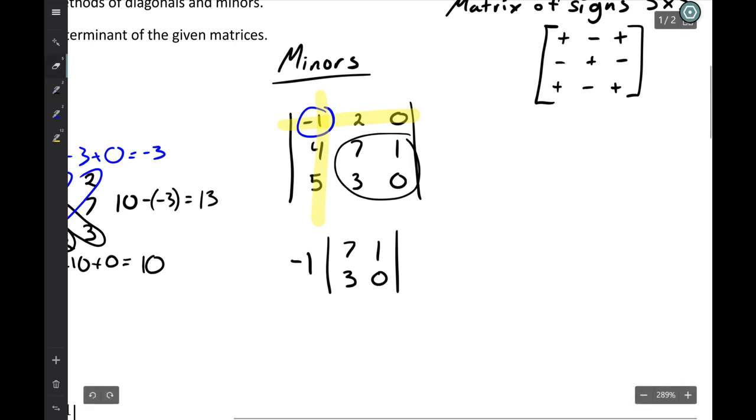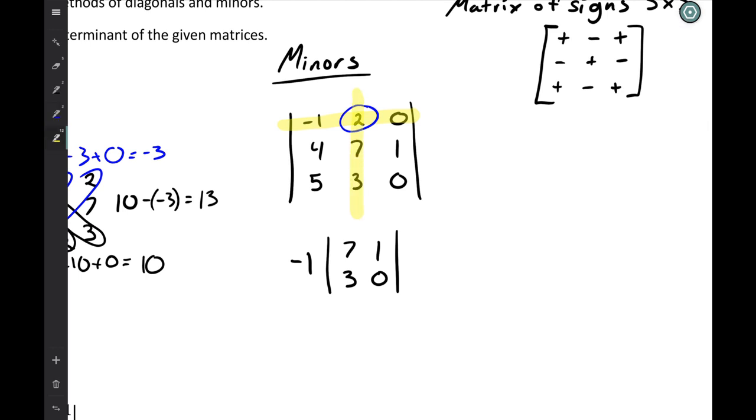Now, unfortunately, if I get rid of this, we have to do this 3 more times. Okay, so pick this one, and then you're going to get rid of this column, and that leaves you with another minor matrix. Okay, so this becomes 2 times 4, 1, 5, 0.